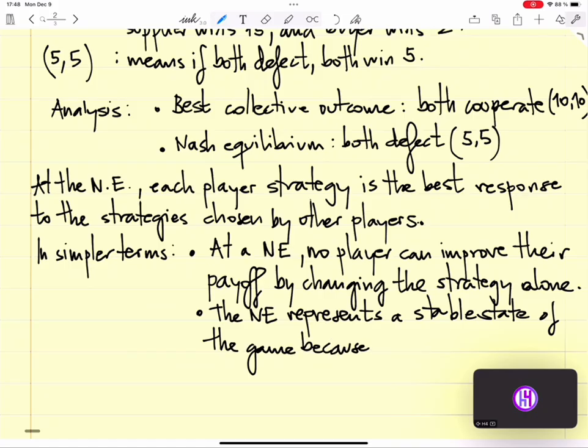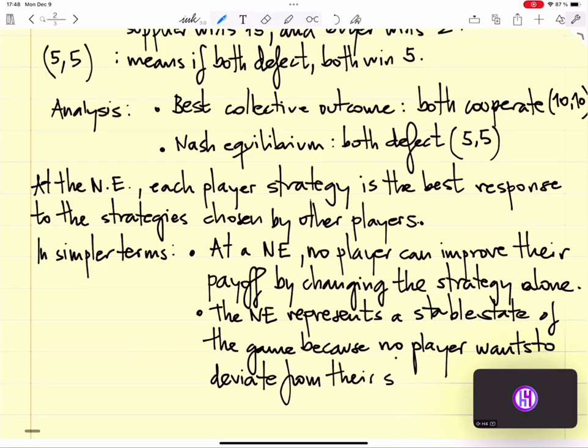Because no player wants to deviate from their strategy.